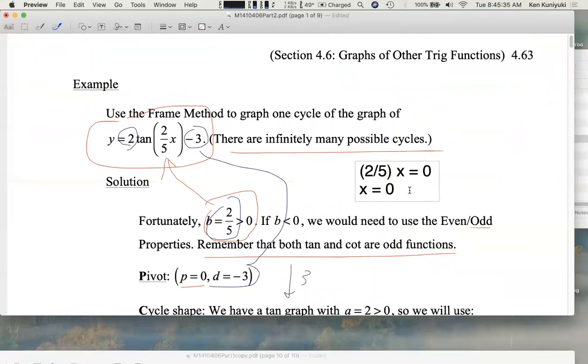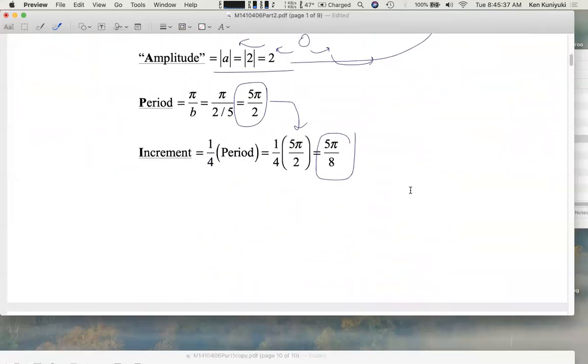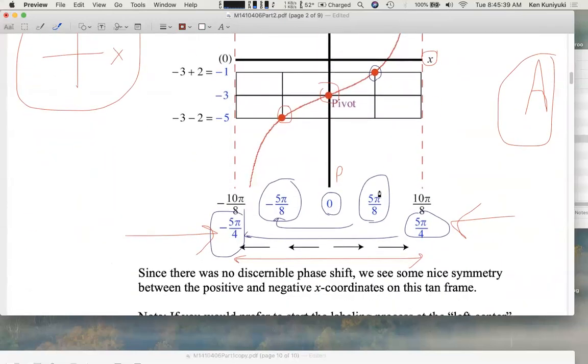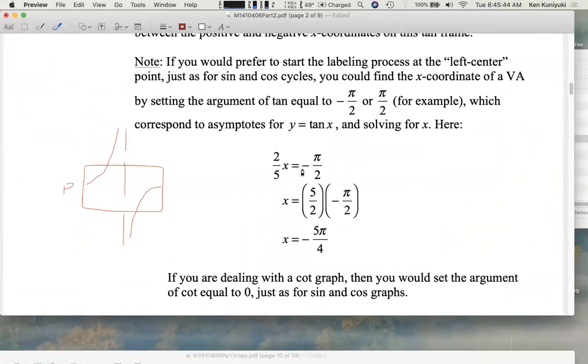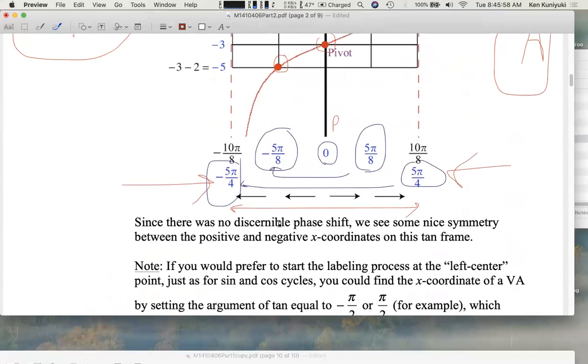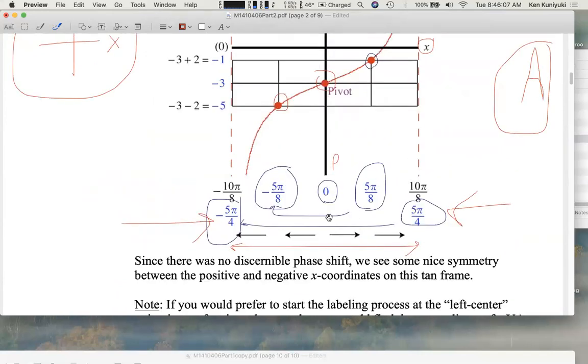That was the phase shift P. Now, if you wanted to find the VAs first, well, you could set the argument 2/5 x equal to negative pi over 2, which is where the VA used to be, and at positive pi over 2, which is where another VA used to be, and solve for x. And then you'd get negative 5 pi over 4 and positive 5 pi over 4. But I think that's more work. It does work, but it's more work, I think, instead of just figuring out that the 0 is in the center here.